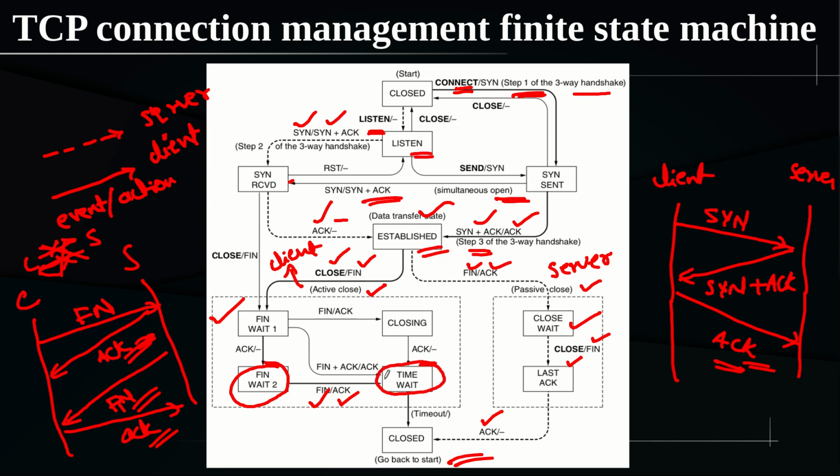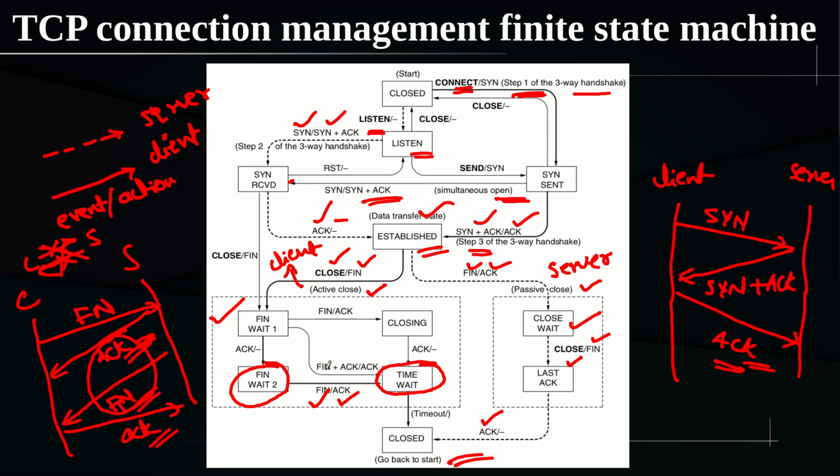And this time wait, I will tell you about that. These two phases can be combined also, as I already told you. The acknowledgement waiting as well as the FIN waiting can be combined. In that case, from FIN wait 1, without moving on to FIN wait 2, it will directly go to the time wait.